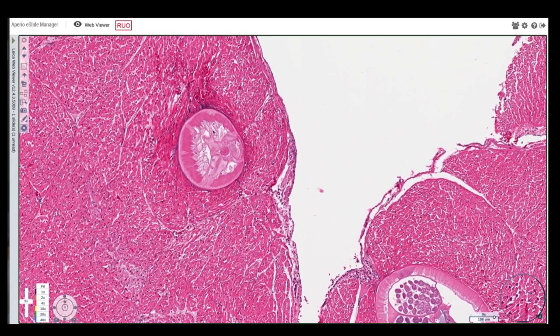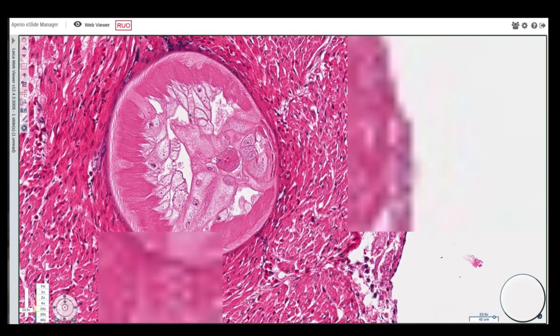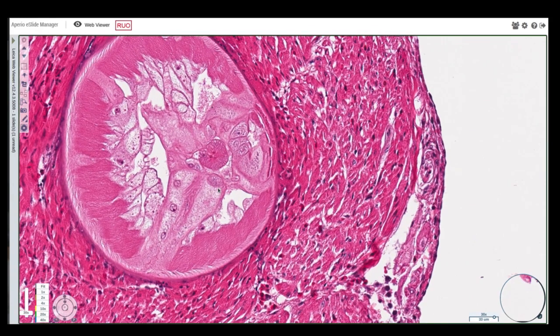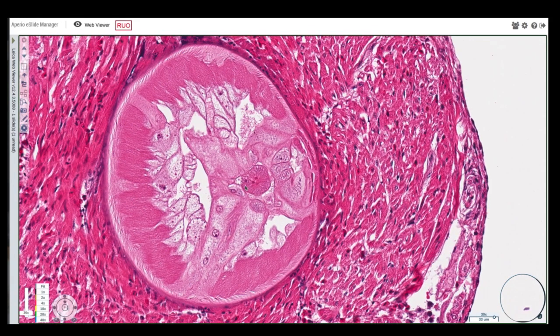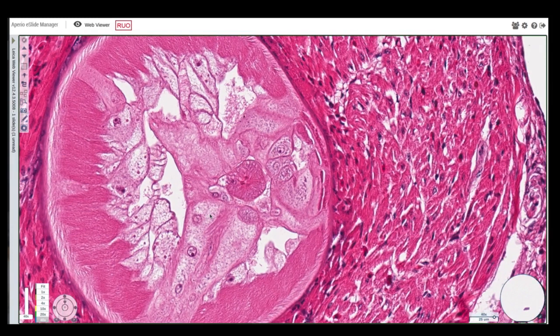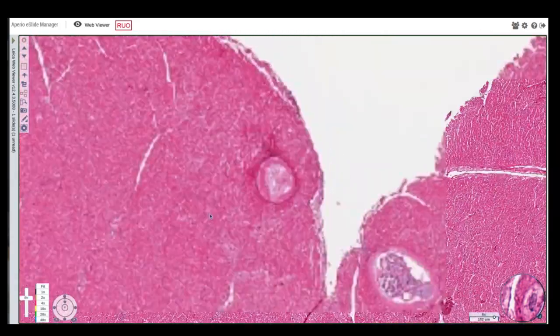Here's another section, probably a little bit higher up in the nematode body, because we don't have any reproductive tract. There's maybe the esophagus here, and I'm pretty sure these are lateral cords, and again you can find out more about those in the video on nematode anatomy.